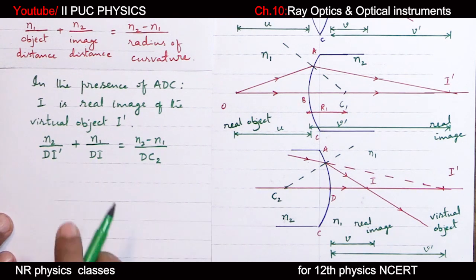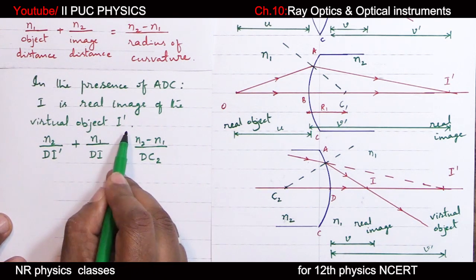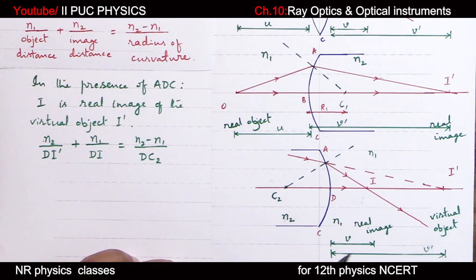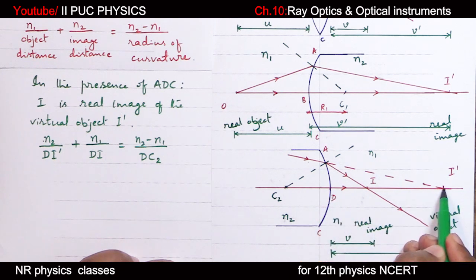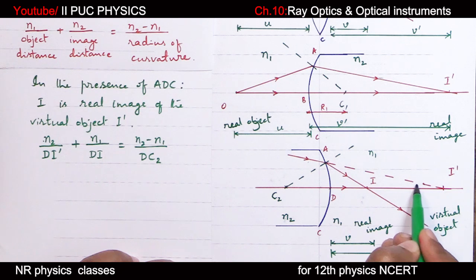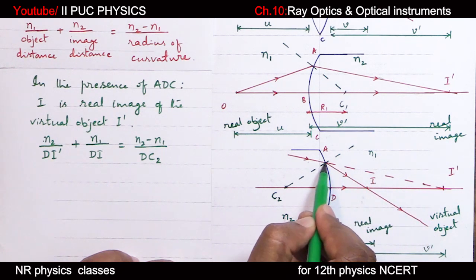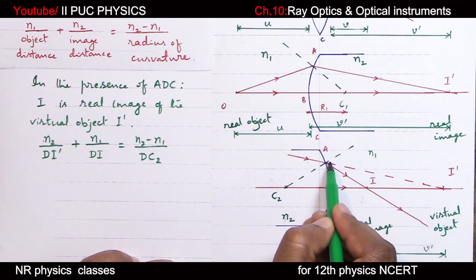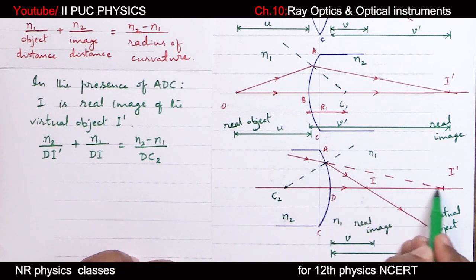Students, you have to understand a small point here. This di dash, in this diagram, virtual object means the light ray appears to be coming like this and reaching I. It appears to be coming like this, which means this direction is opposite to di dash.